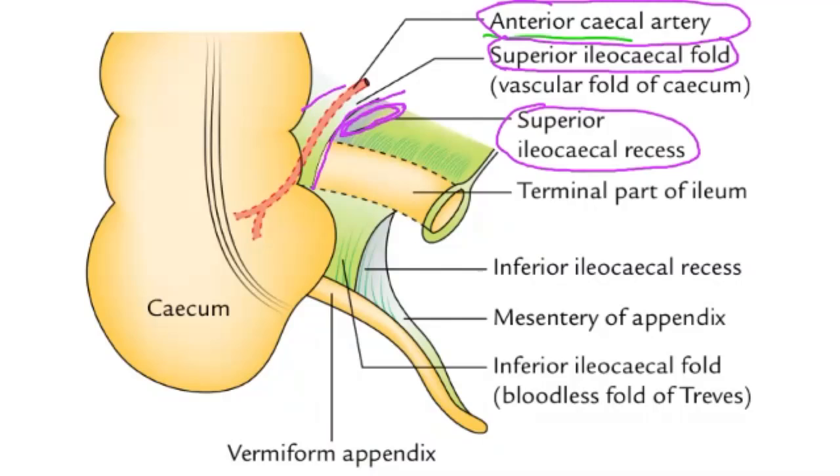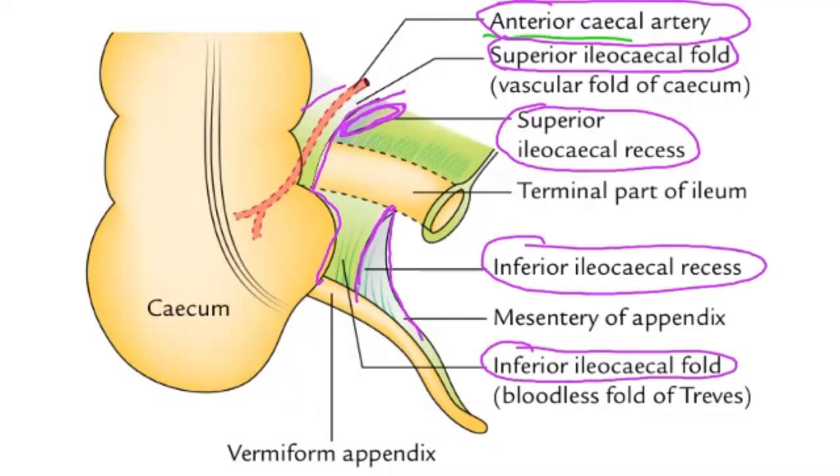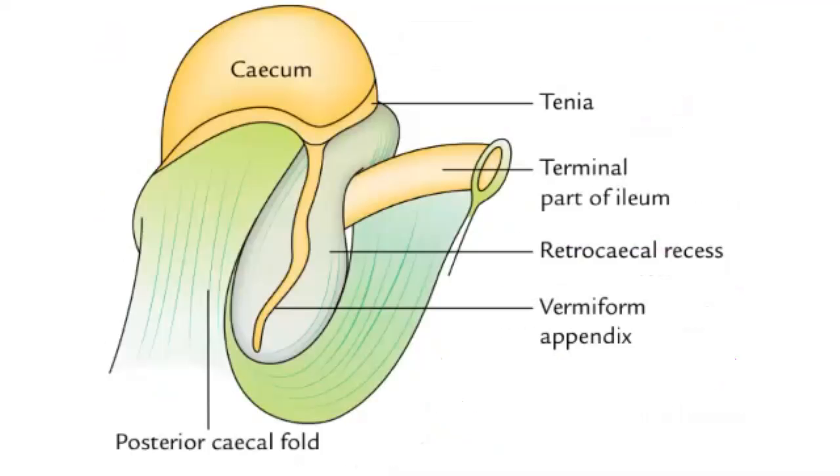Simple. And this is retrocecal, means behind the cecum. This is retrocecal recess. Appendix is lying in the retrocecal recess. You see the peritoneal folds along with the fatty layers.